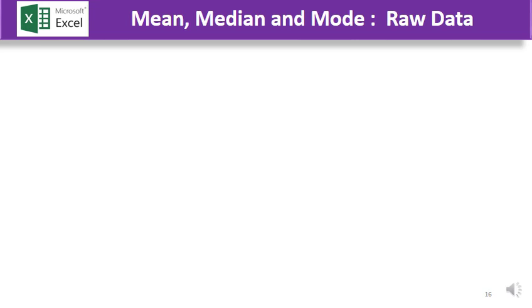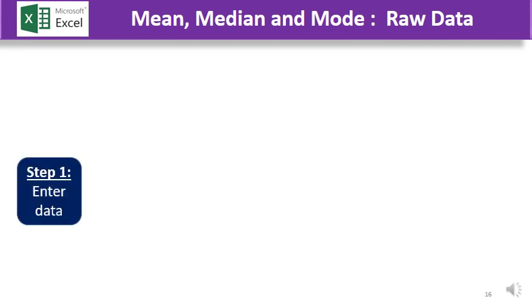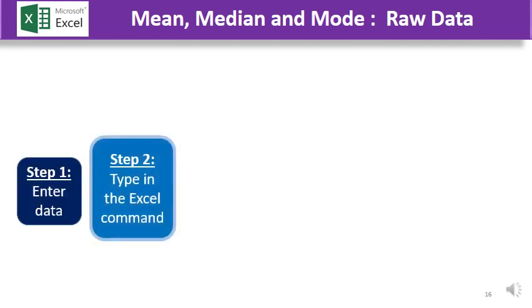We can also calculate the mean, median, and mode in Excel, which we'll go through in a worked example in another video, but just as an overview of how to do it, you'll enter your data and type in the command in Excel.